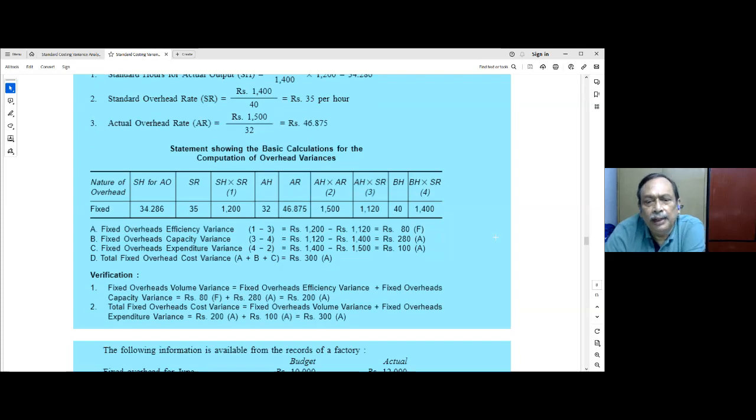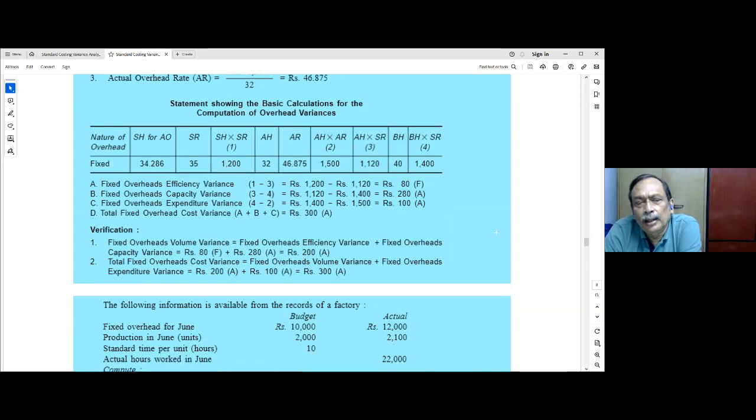Now we are going to prepare the statement showing the basic calculations for the computation of overhead variances. So where budgeted hours and actual hours are same, hence we are going to make 10 columns.